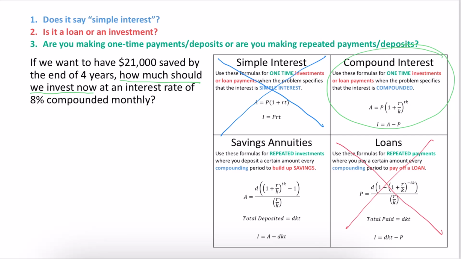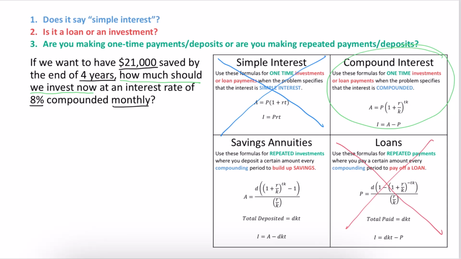It's actually really helpful to identify your variables even before you do this process of asking the questions, because the variables themselves can help you figure out the formulas as well. For example, if I was coming to this problem fresh and I didn't already know that it was a compound interest formula situation, I could say, reading through the problem, I've got 21,000, 4 years. I'm trying to look for how much I should invest now. My interest rate is 8% and the interest is compounded monthly.